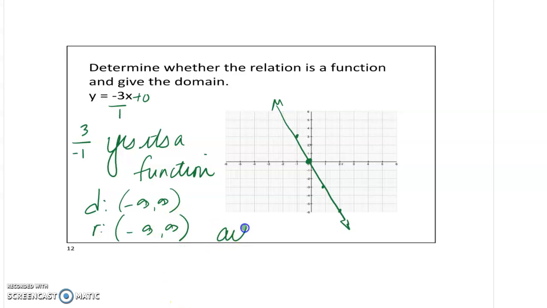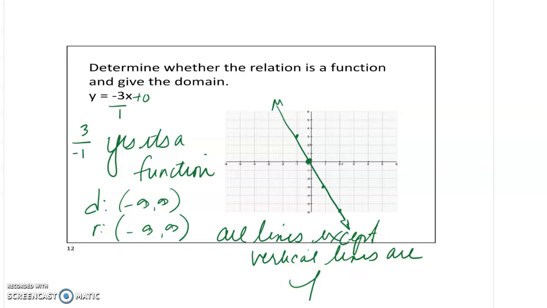And basically all lines, straight lines, all lines except vertical lines, are functions.